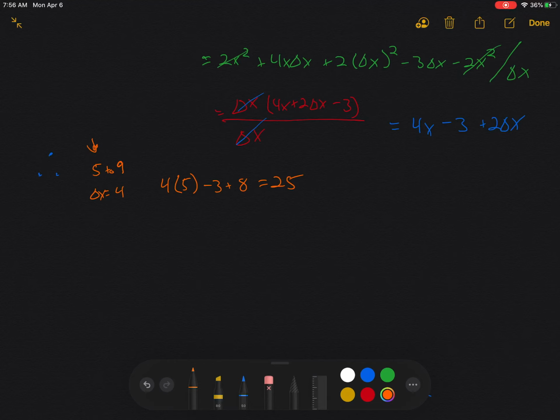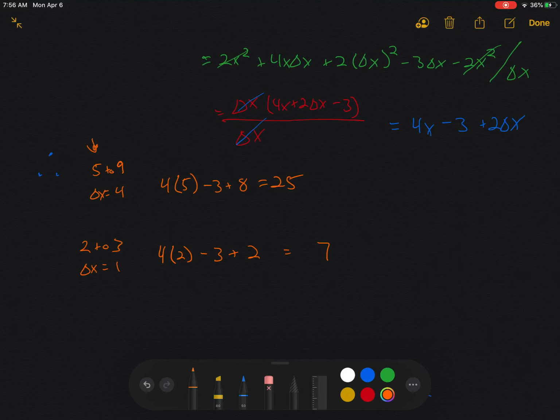For the next one, that was 2 to 3. So for 2 to 3, our delta x equals 1. We plug in 4 times our x1, which is 2, minus 3 plus 2 times our delta x, which is 1, so that's 2. You get 7. Let's do another one.